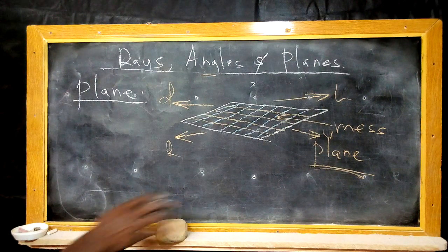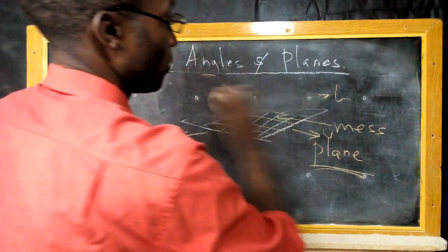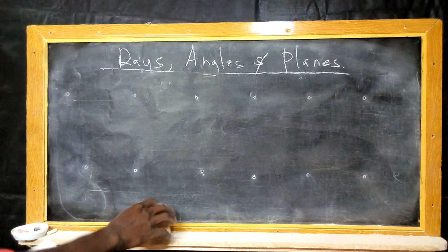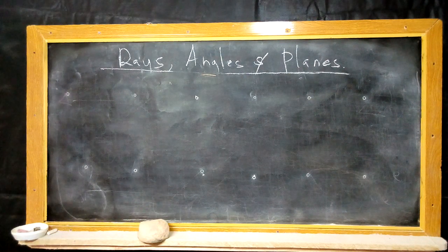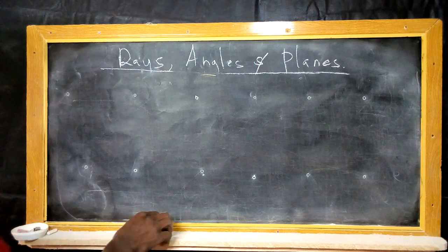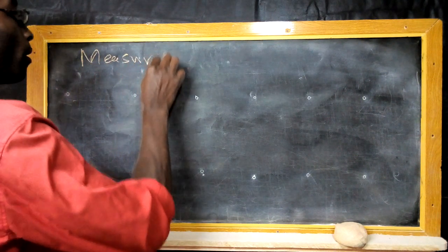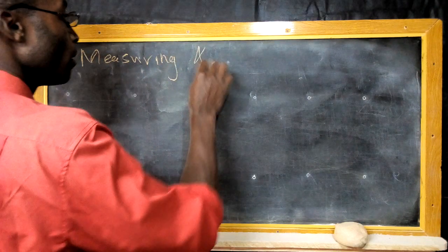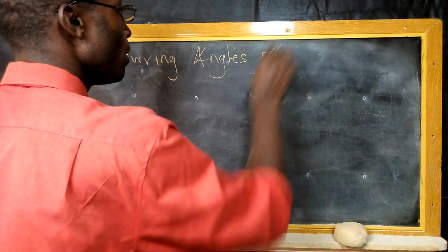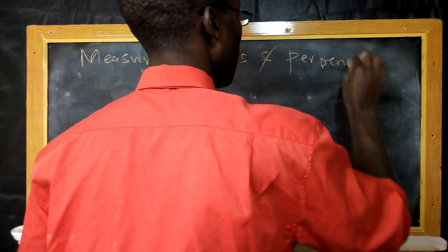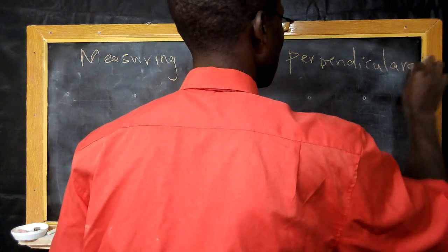So we shall also move to another concept that we're going to discuss, which is going to be very important for us. Now that we have talked about angles, rays and planes, we can extend our concept and talk about measuring angles and perpendiculars.